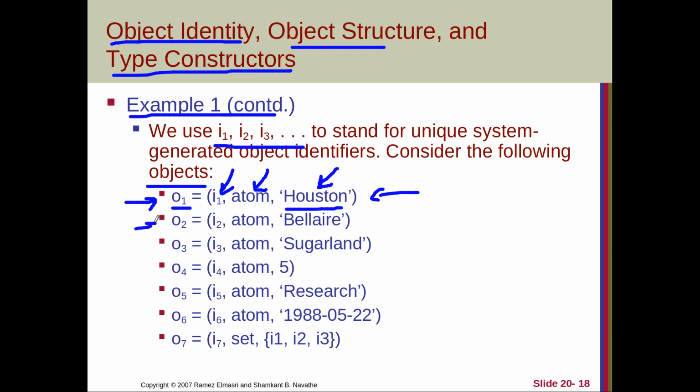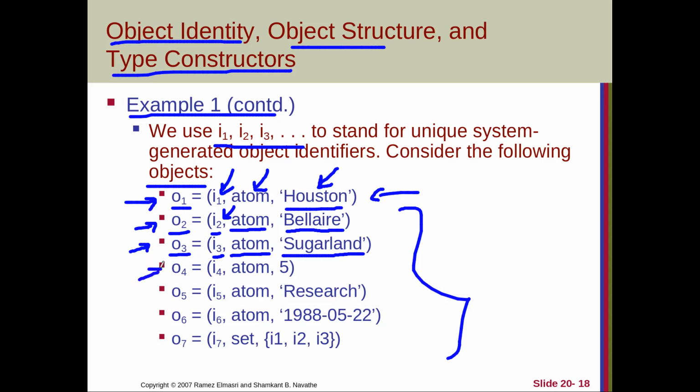Similarly, O2 is another example. These are only some examples. O2 has identifier I2, it is also an atom, and another location, Bellaire, is given. So Bellaire is an object using type constructor atom, which is internally given the identifier I2. Then object 3 is given I3, which is also an atom, a single value, Sugarland, given into object number 3.